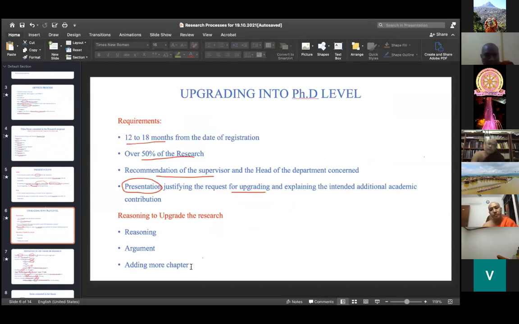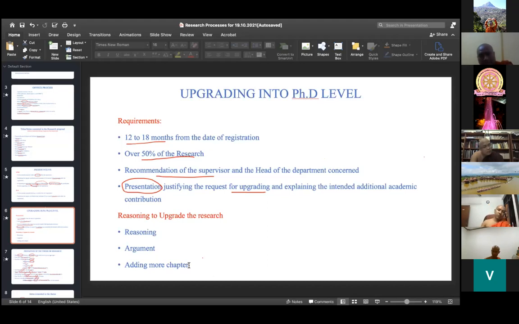I think it is easy for the person who is doing research or who has already done their research, but some students may face a difficult situation, like how to find the reason and argument and how to add more chapters, because this is not easy. This is the difficult part of upgrading from MPhil to PhD.